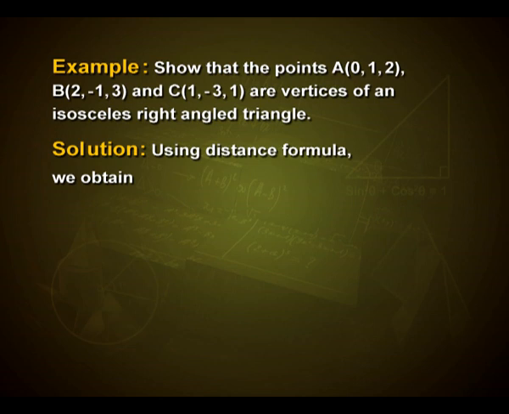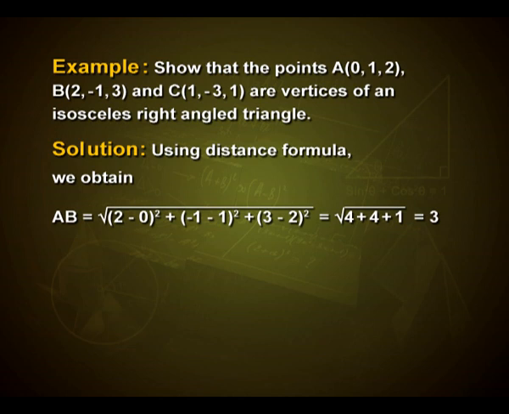Look here, when we calculate AB using the distance formula, we have the square root of (2 - 0)² + (-1 - 1)² + (3 - 2)², which on simplification gives the square root of 4 + 4 + 1, that is the square root of 9, which is equal to 3.